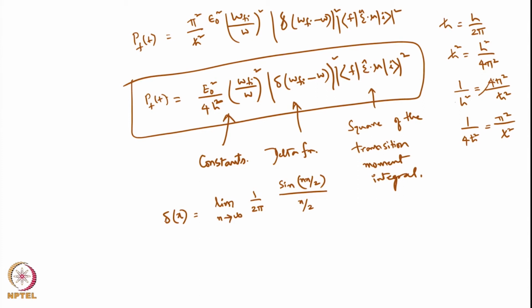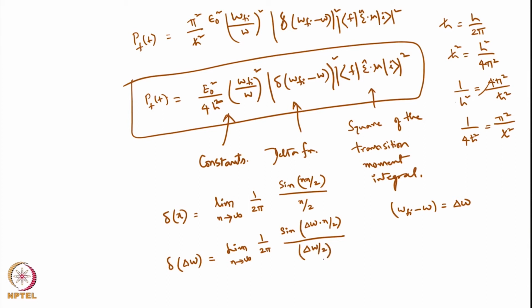Now, one can also write delta omega Fi minus omega as delta omega. If one writes that, then delta of delta omega can be written as the limit n tends to infinity of 1 over 2 pi, sine of delta omega n by 2 divided by delta omega by 2.